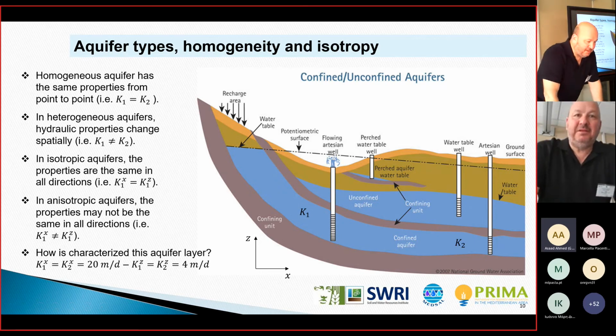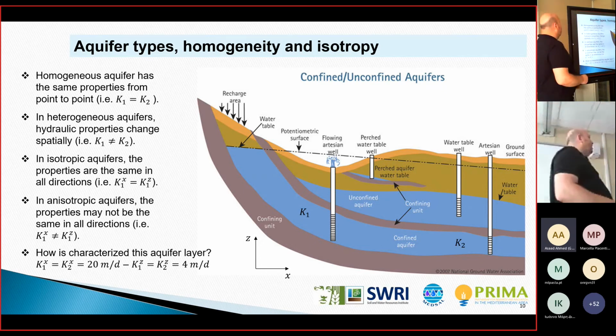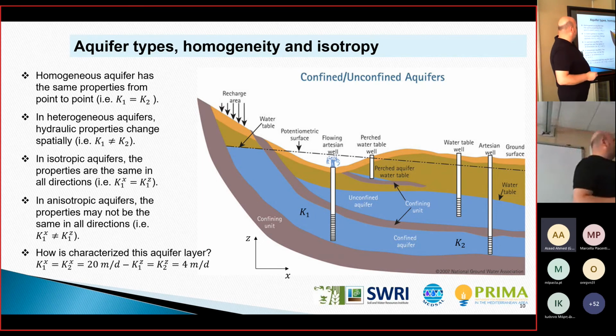A very important concept is related to homogeneity and isotropy in the aquifers. I don't know if all of you are familiar with that. We say that an aquifer is homogeneous if the hydraulic conductivity has the same value in the whole volume of the aquifer. If it's different, we say that the aquifer is heterogeneous.